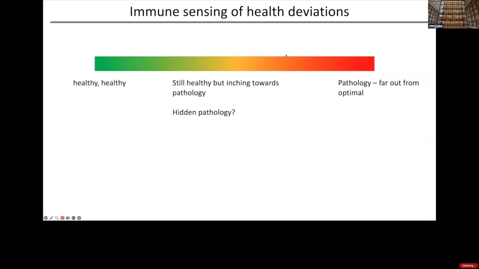So here's a figure showing the concept behind what this is telling us, right? So we know pathology typically from symptoms, right? So these are far out from optimal. And we typically don't know exactly what we mean and how to quantify healthy either. But I think with these baseline immune states and this concept of immune health metric, we'll start to be able to point individuals along the spectrum, basically.